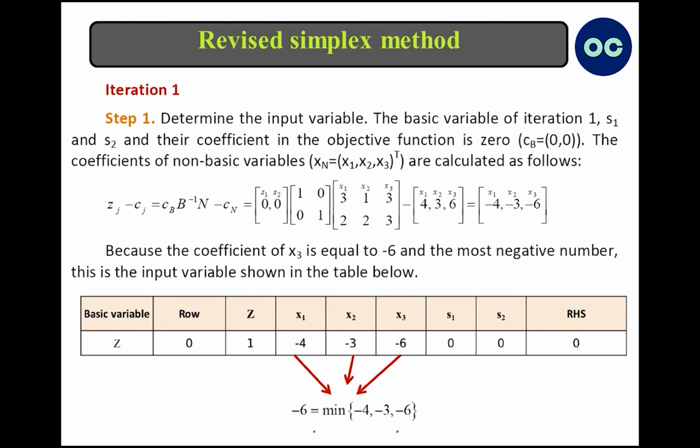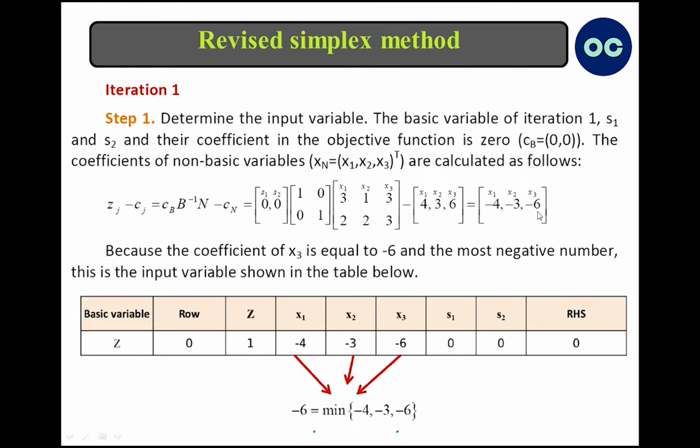In the first iteration of the revised simplex method, we perform the following steps. Determine the input variable. S1 and S2 are the basic variables in this iteration with the coefficient of 0 in the objective function. C sub B is 0 and 0. We need to calculate the coefficients of the non-basic variables x1, x2, and x3 as follows. So these are the coefficients of the non-basic variables: -4, -3, and -6.